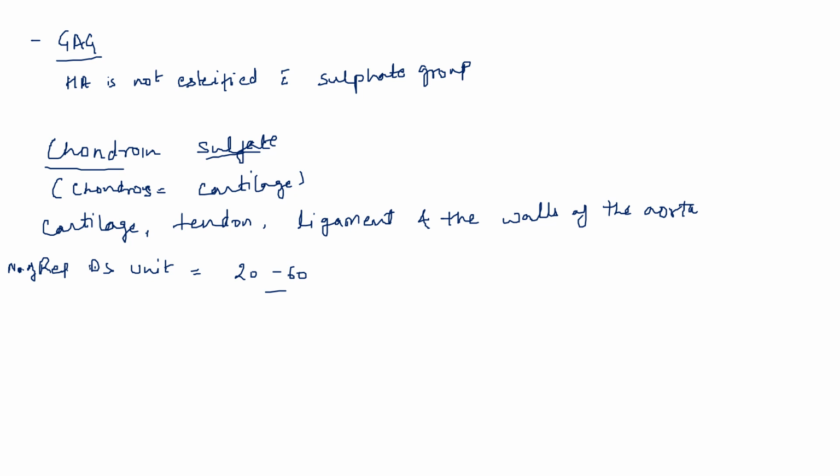The third example of glycosaminoglycans is dermatan sulfate. As the name suggests, it has a sulfate group; the amino sugar is sulfated.